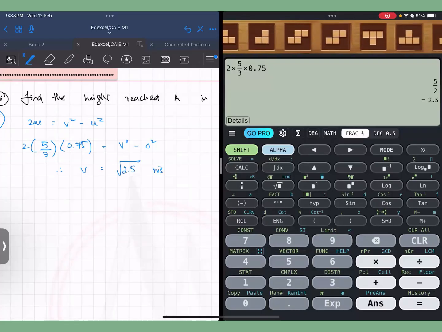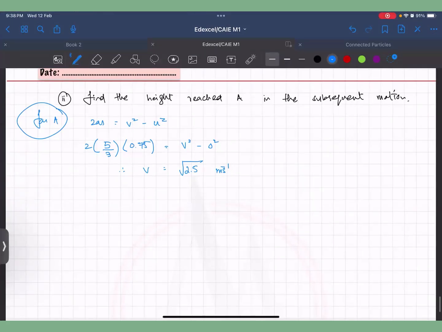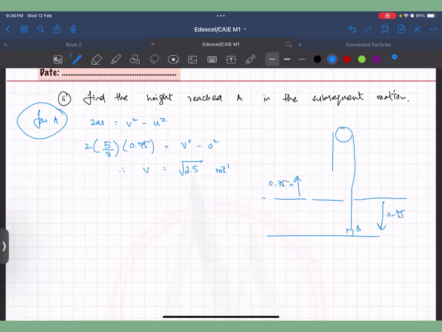This is the speed of A. This is the B, this was the initial position, you can say. B has traveled 0.75 down. A has traveled 0.75 up. This is your A, and the velocity at this position we have found is under root 2.5.